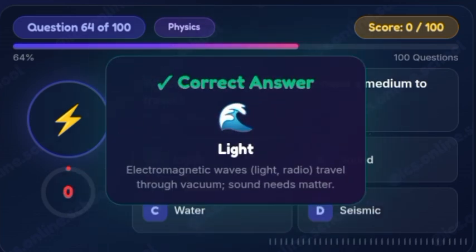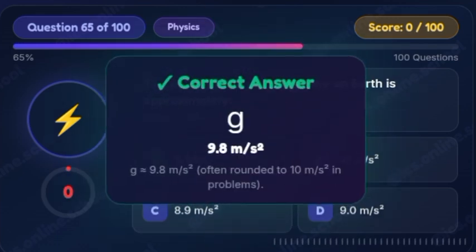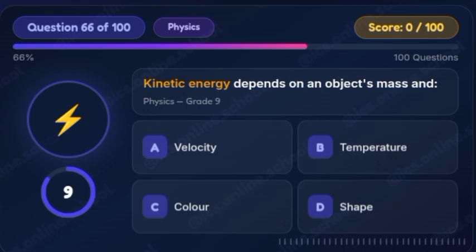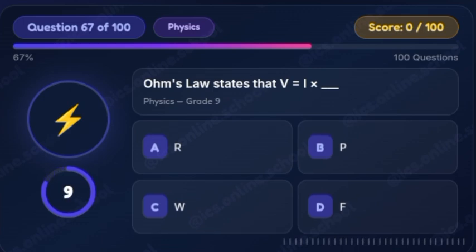Light. The acceleration due to gravity on Earth is approximately 9.8 meters per second square. Kinetic energy depends on an object's mass and velocity. Ohm's law states that V is equal to I times R.